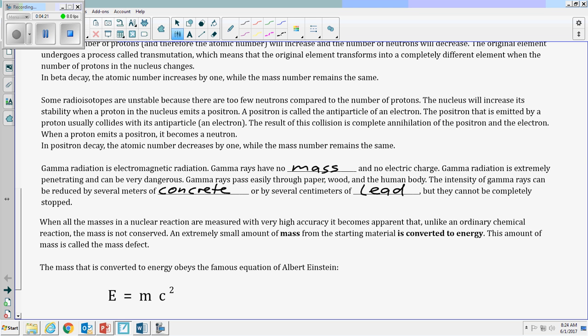Good. Now, one of the really special features about nuclear reactions is that they defy the law of conservation of mass.